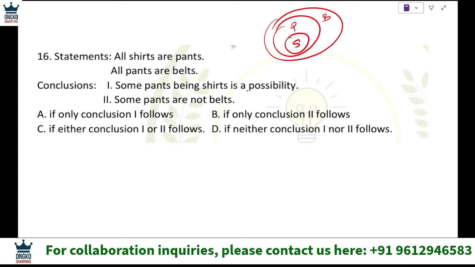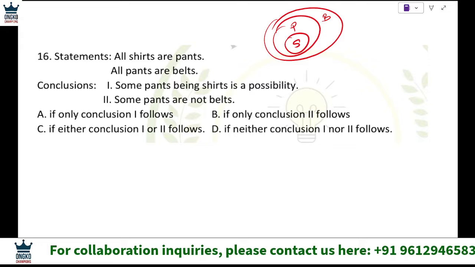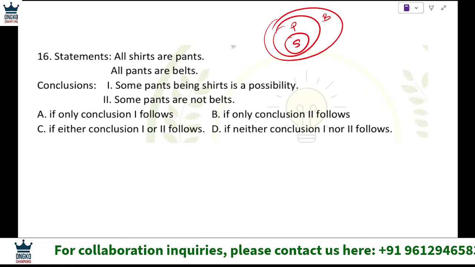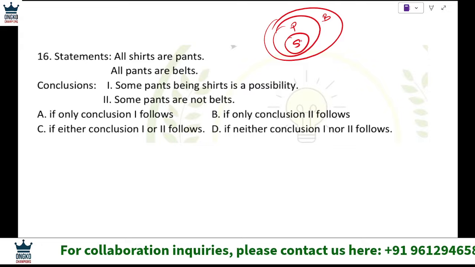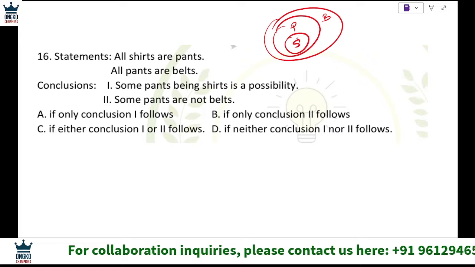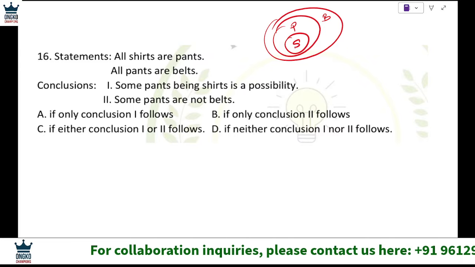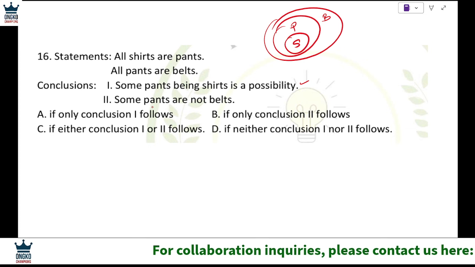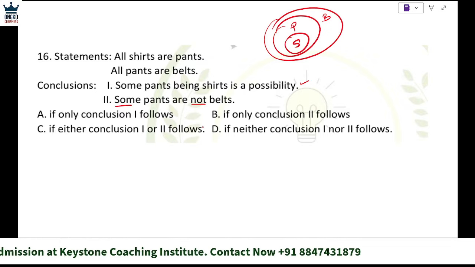Some bands being belt shirt is a possibility. Possibility is not a negative form, right? So for possibility we have some imaginary diagram. Pen all can be shirt, pen all can be shirt, because the statement does not restrict it. So possibility is true. Some pens are not belts. Some not is also a negative word, right?